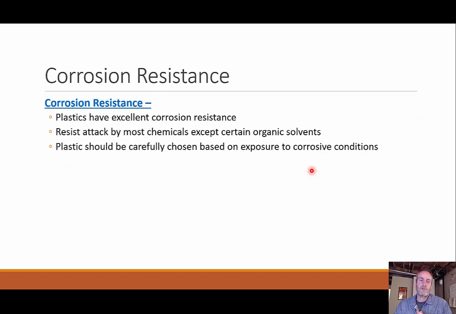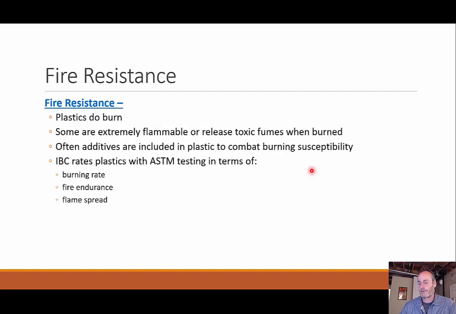Basically, they will break down in UV light, but not in a high humid environment. They don't corrode like a steel would, right? And chemicals are not as big of a deal unless they're some specific ones that attack plastic chemical structures. So plastics should be chosen carefully based on what kind of exposure you're going to have to these corrosive conditions.